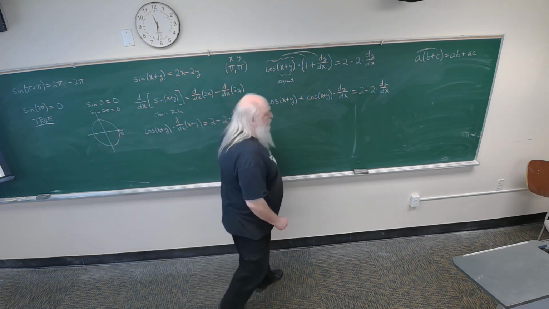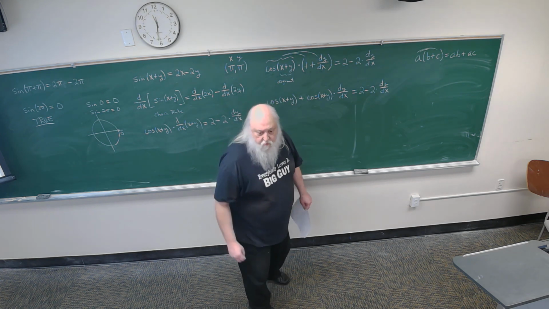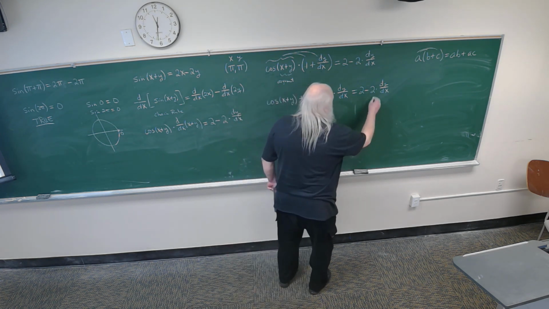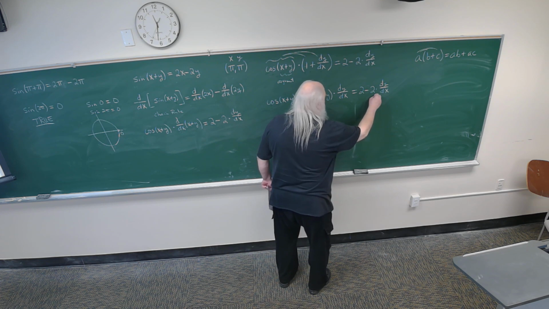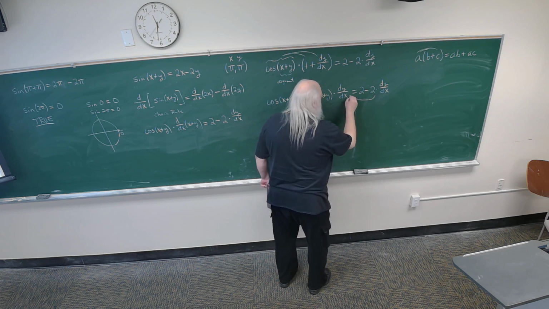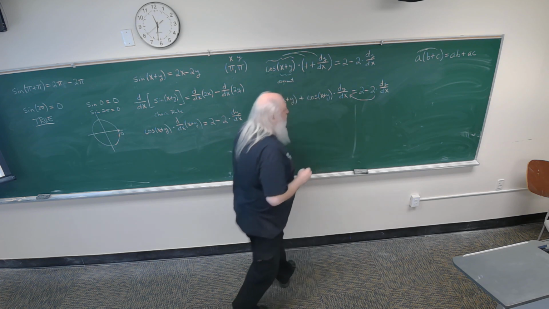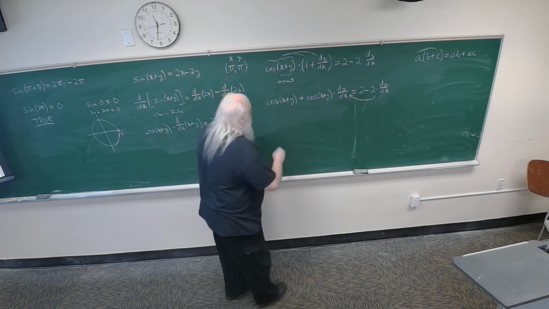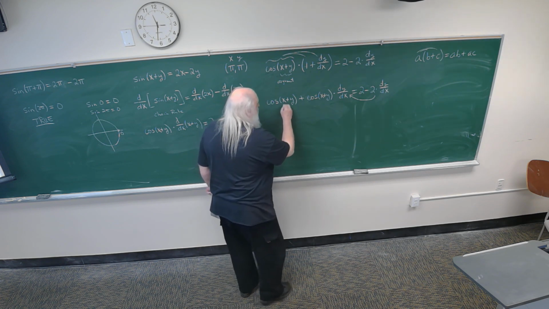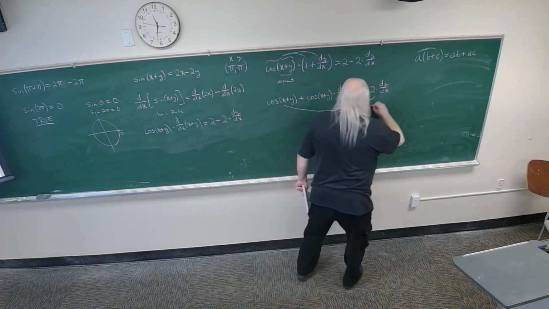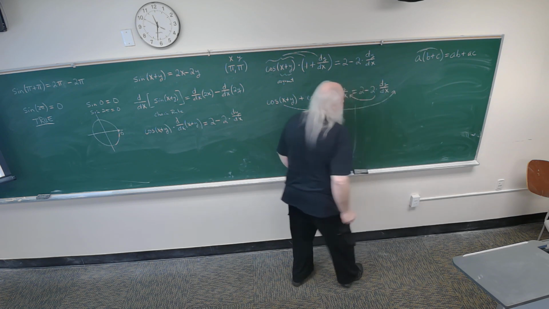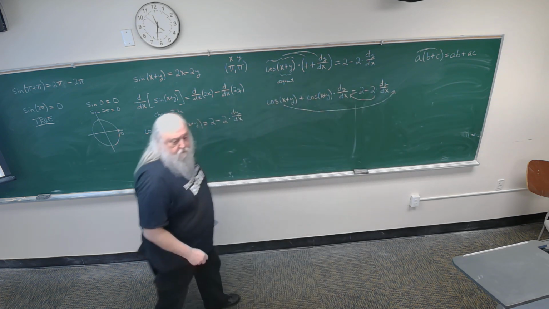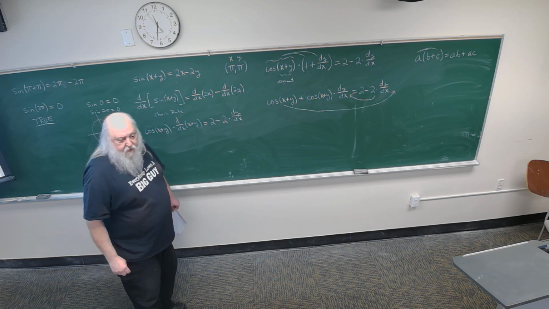So let's kill 2 birds with 1 stone in this problem. So we're going to move the minus 2 times the derivative of y with respect to x to the left-hand side by addition. Okay? And we're going to move this cosine of x plus y to the right-hand side by subtraction. We're going to do 2 steps at once, right? We can do that.